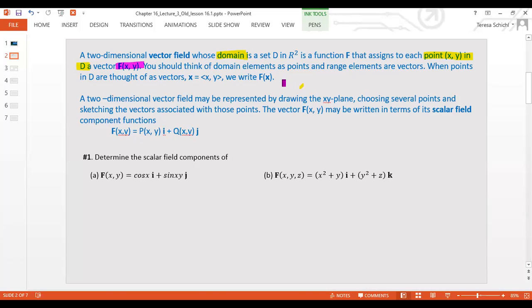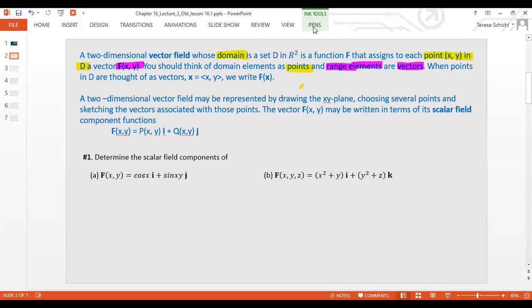That's why we call this a vector field. The domain elements are points and the range elements are vectors. The domain is just the points in a given area.